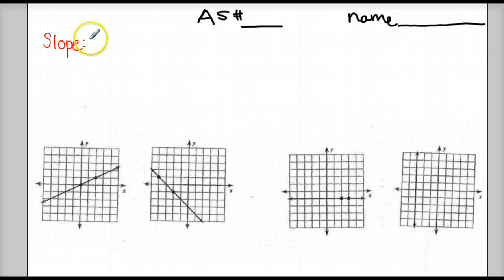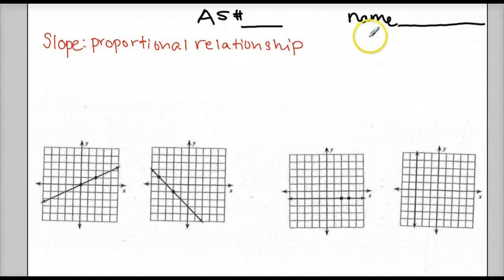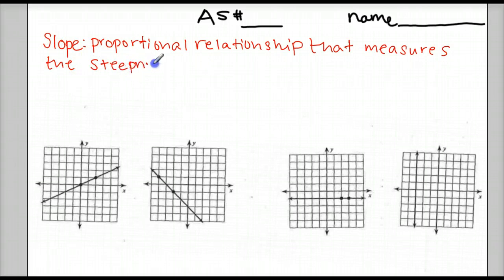The definition of slope, or what we need to know, is this is a proportional relationship that measures the steepness of a line.